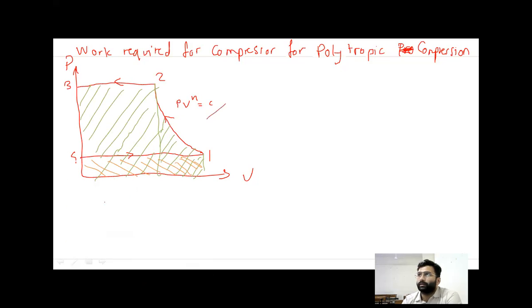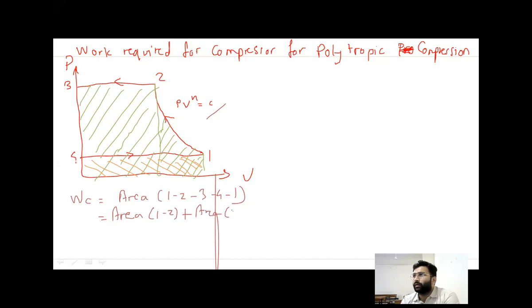So the compressor work will be equal to the area 1 to 2 to 3 to 4 to 1. This is nothing but the area under 1 to 2, plus the area under 2 to 3, minus the area under 4 to 1.